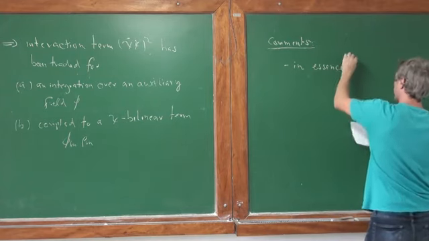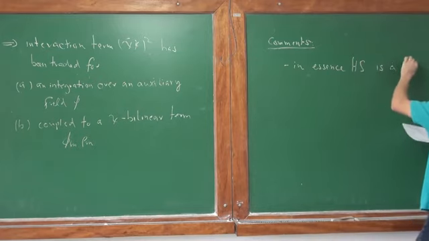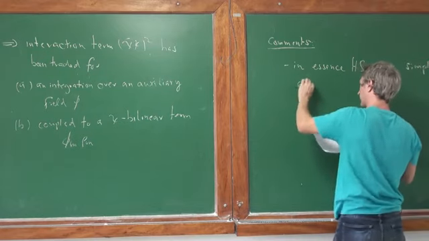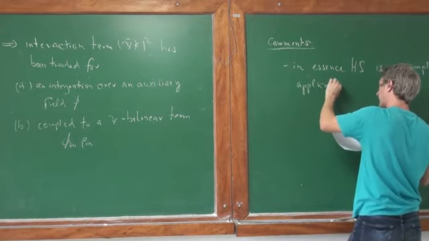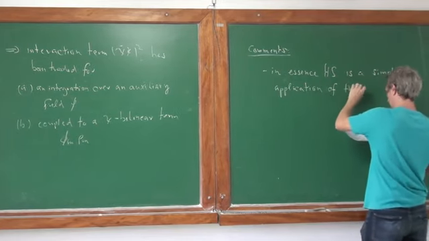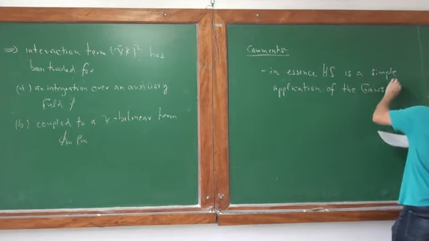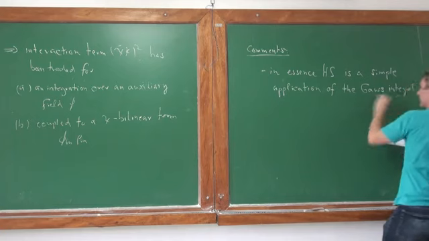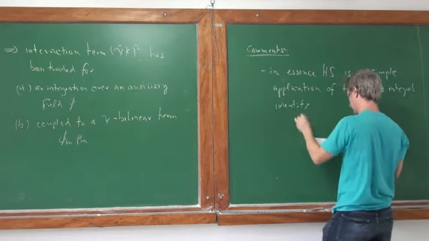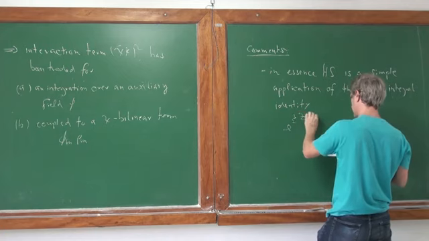So in essence, the Hubbard-Stratonovich transformation is just a simple application of the Gaussian integral identity e to the 1/2 ZAZ.